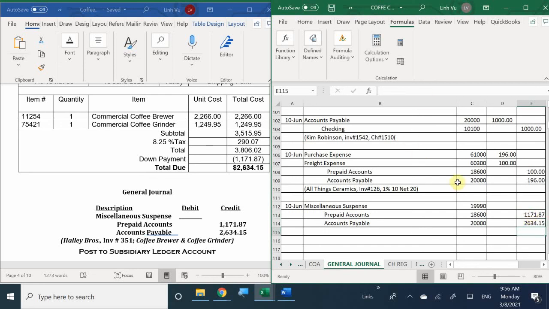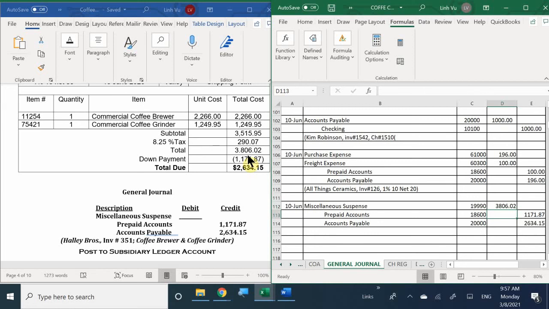What is my total amount of the coffee grinder and the coffee brewer with the tax and everything? 380602. Again, you can also utilize your Excel to ensure that your debits match your credits, so I should have 380602. All right, which it also says here on the bill.